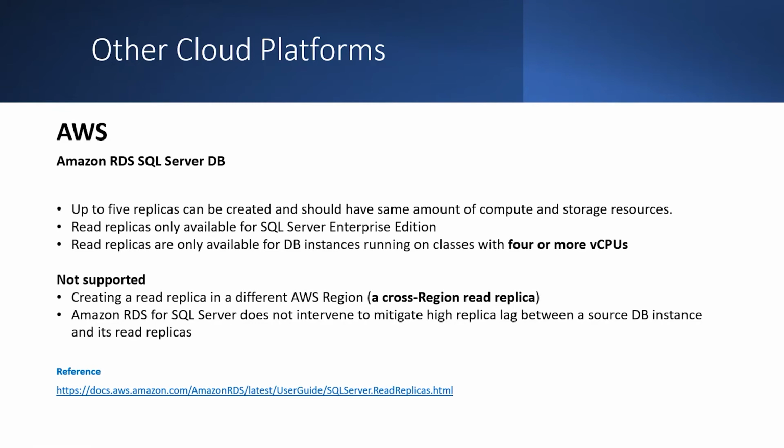It has to be in the same region. And also, when you deploy your primary and your secondary in AWS, if you start having lag issues between these databases, let's say the lag starts increasing to 5, 10 seconds or even more, they do not mitigate this.